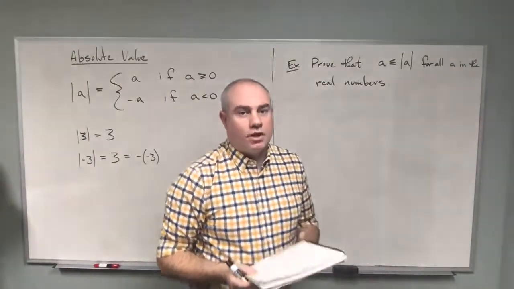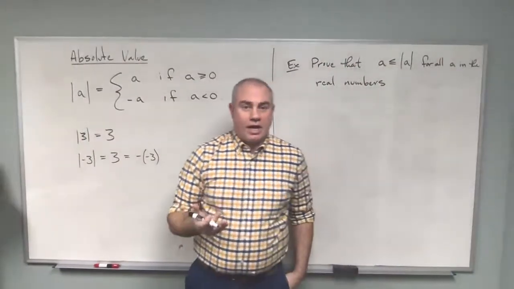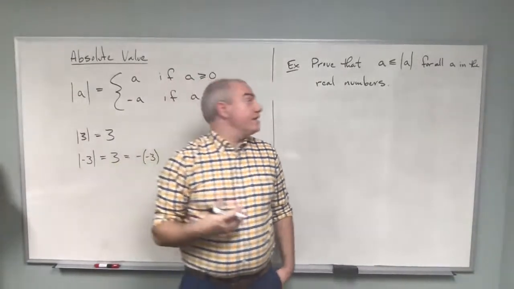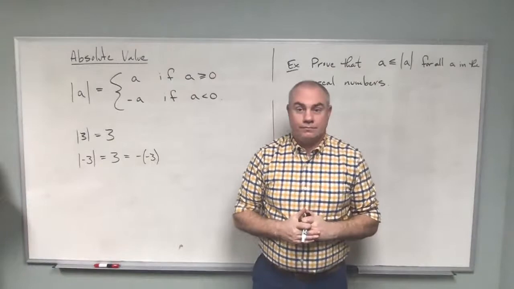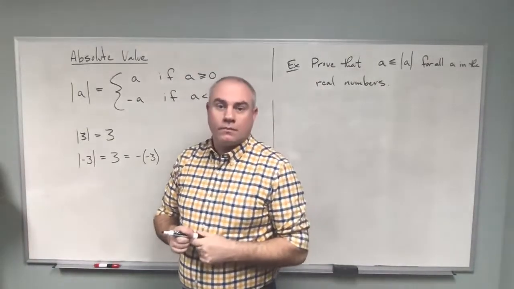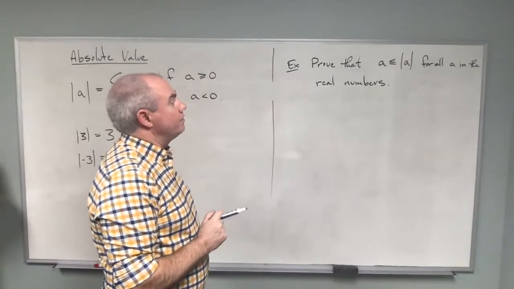Okay, so we want to prove that for any value A, A is always less than or equal to its own absolute value. All right. So how do we do this?